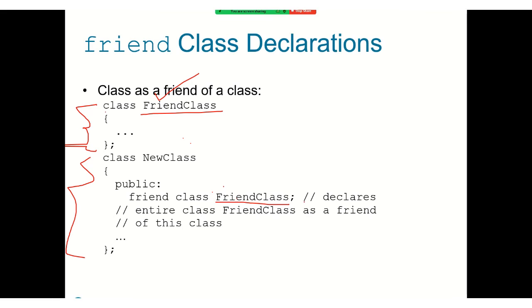It declares that entire friend class as a friend of this class, so it has access to all member functions of this particular class. This is an amazing thing. You won't find this type of situation in any other programming language, mostly within my knowledge. C++ offers you to define a friend class. Also, you can define a friend function in that way.